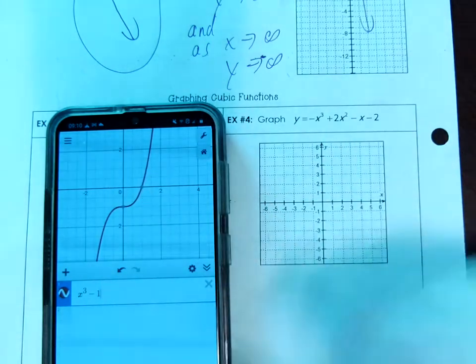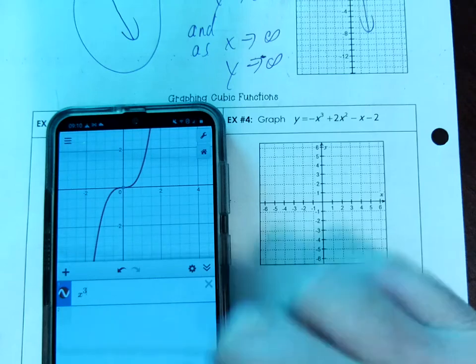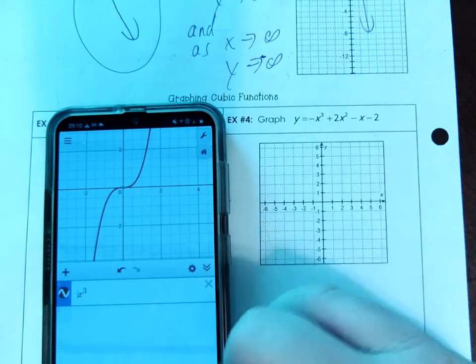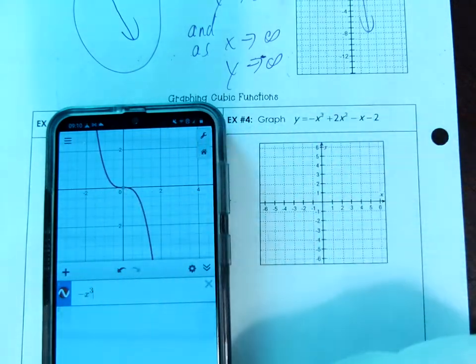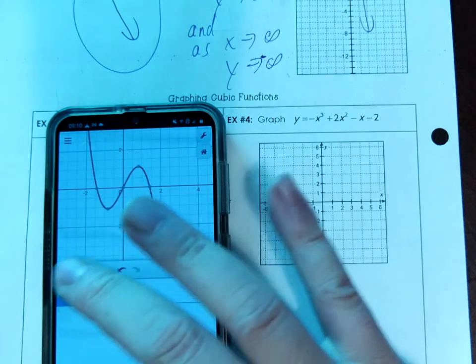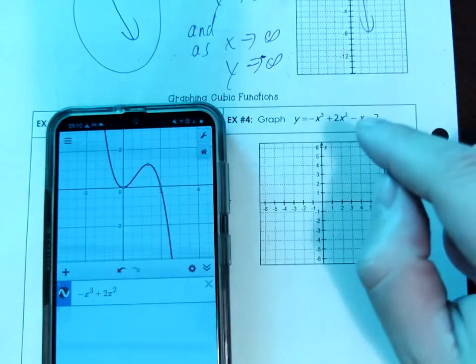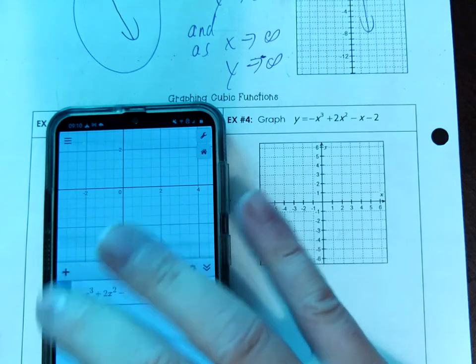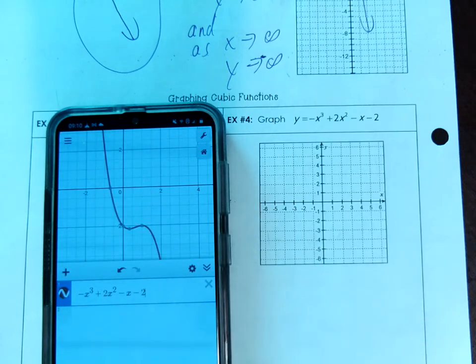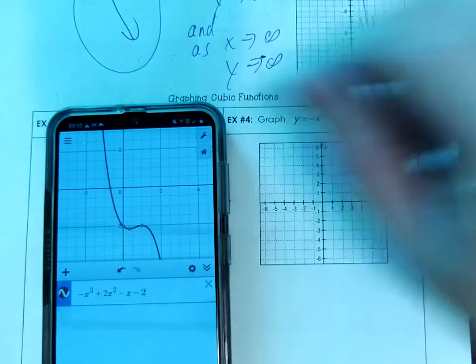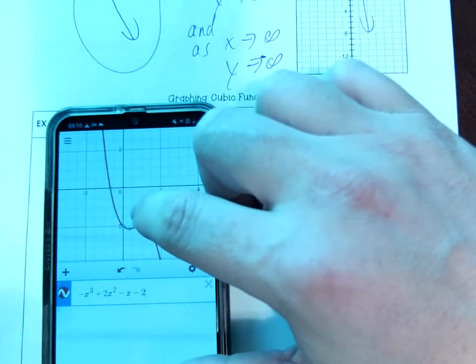So that next one here does have an x squared term. It's a negative x cubed, and it's got the positive 2x squared, then minus x, and then minus 2. So it does have the x squared term. So I would expect to see 2 turning points here, and I do in fact see 2.